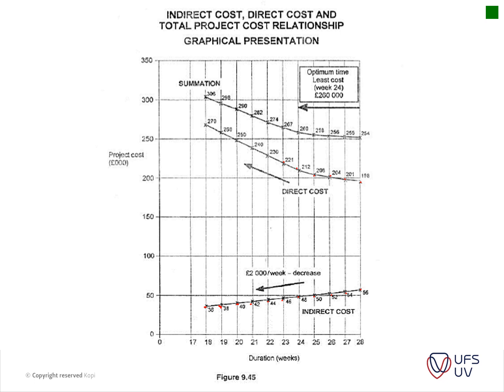Okay, and then going up, just adding this one to that one, we can see we've got a slight jump here, and then here's that 7,000 jump that we highlighted in the previous table, which means that our optimum line of time and least cost is at week 24.